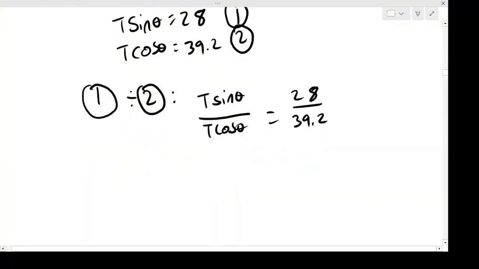The T's cancel, so we get sine theta over cos theta. But what's sine theta over cos theta? Hopefully from year 1 pure maths you'll remember that's tan theta. So tan theta is 28 divided by 39.2, and that would be 5 over 7.